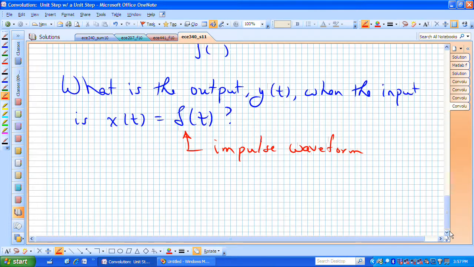That's this infinitely tall waveform that happens only between t equals 0 minus and t equals 0 plus, and the area underneath that waveform, if you were to integrate it, is 1.